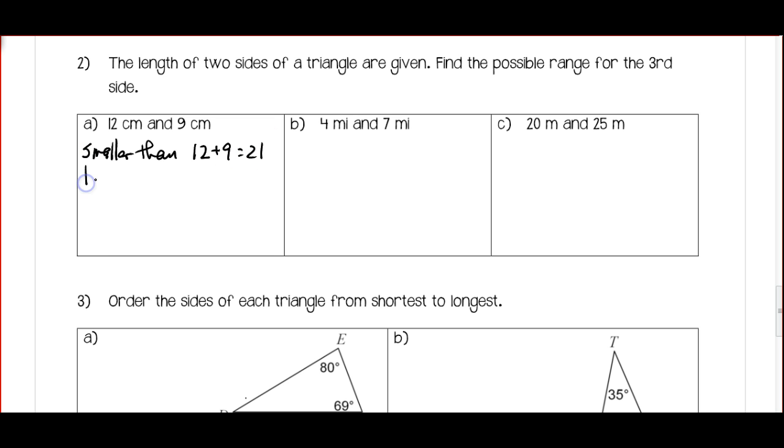But the third side has to be larger than 12 minus 9, which is 3. Okay, so making sure that it's smaller than 21 and larger than 3 will make sure that we satisfy the triangle inequality theorem.